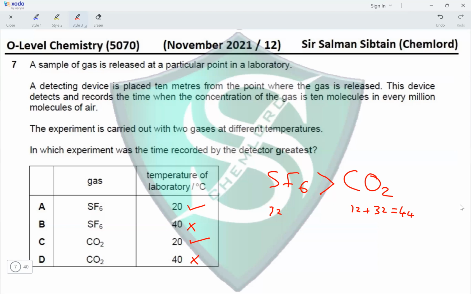If you don't, it's there in the periodic table. And still, if you don't refer to the periodic table, look at the number of atoms in SF6. This is much greater than CO2. So the Mr of SF6 would be greater than CO2, making SF6 the gas that would diffuse the slowest at a lower temperature. And this makes option A the correct option for this question.